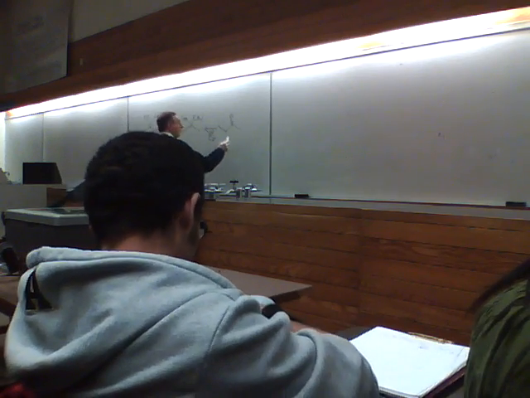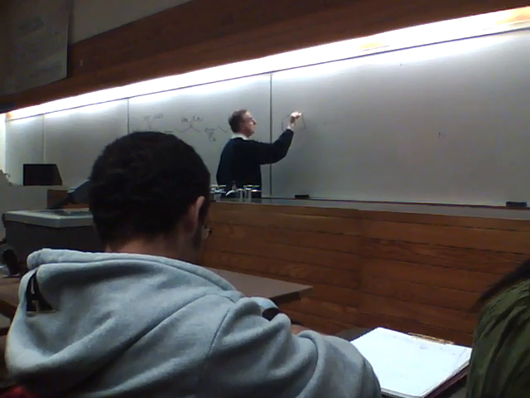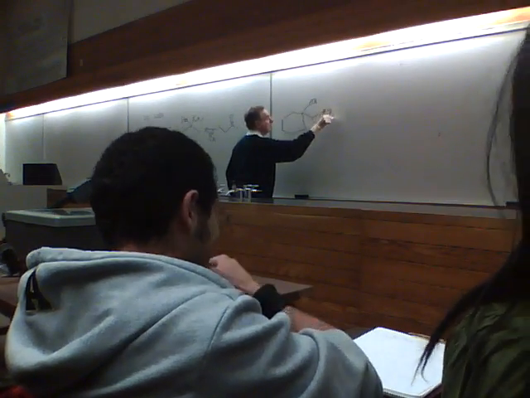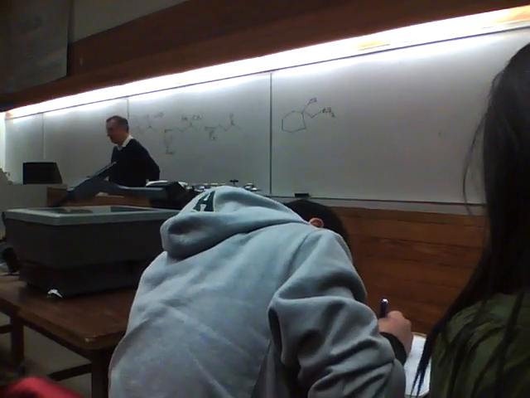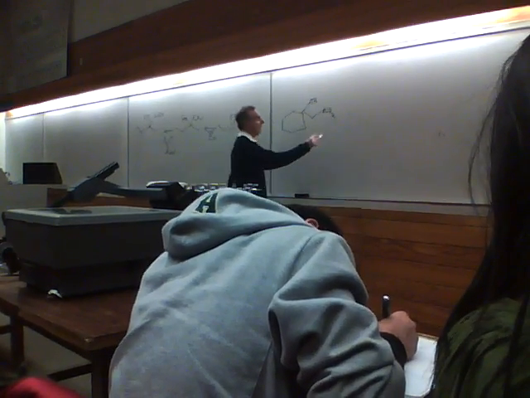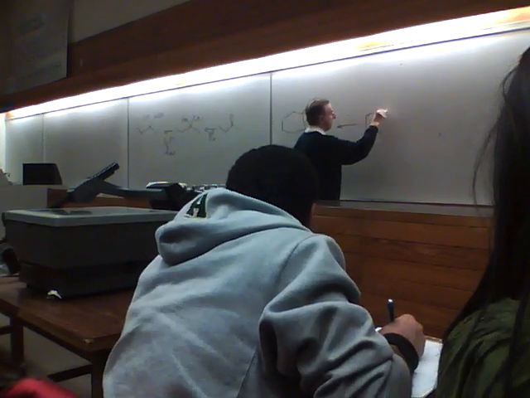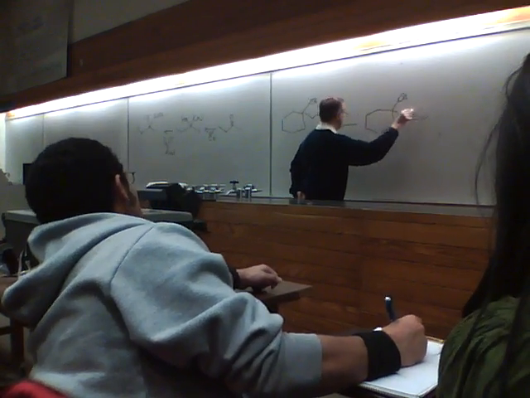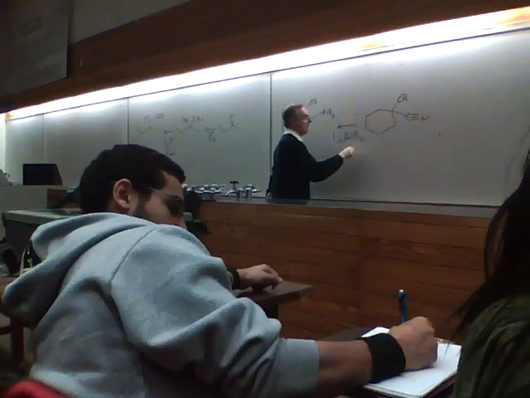Supposing that you would like this compound. Again, there must be quite a number of ways in which this could be made, but based on what I told you today, you will recognize that one of the possibilities is to take this nitrile and reduce it with lithium aluminum hydride.